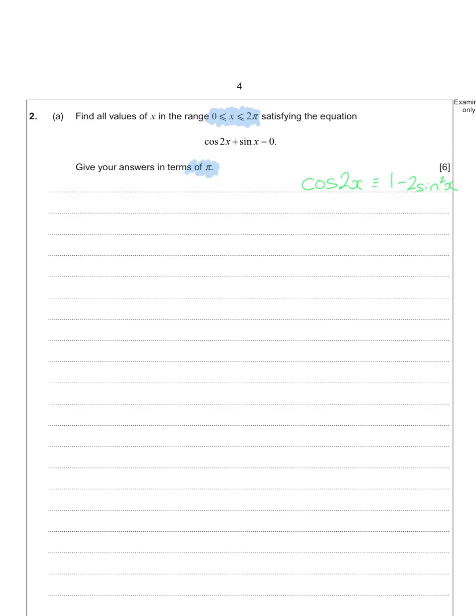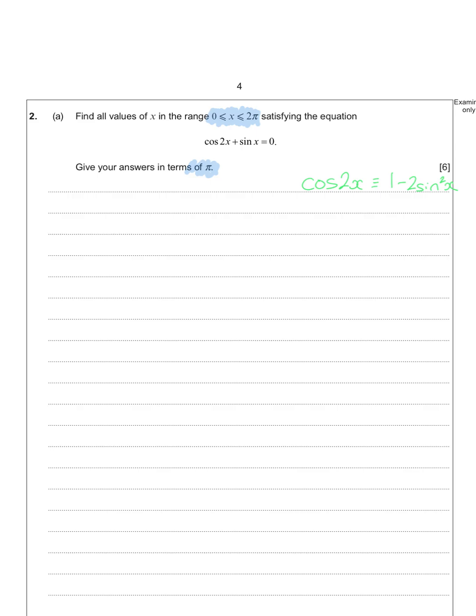So this equation then turns into 1 minus 2 sine squared of x plus sine of x equals 0. Let's make the quadratic term positive. So 2 sine squared of x minus sine of x minus 1 equals 0. I'm going to attempt to factorize that because it looks pretty factorizable.